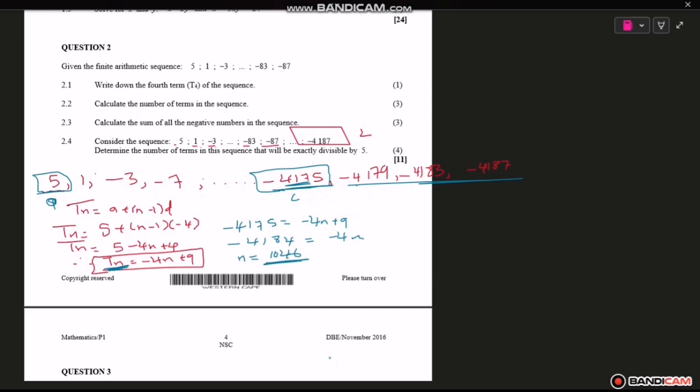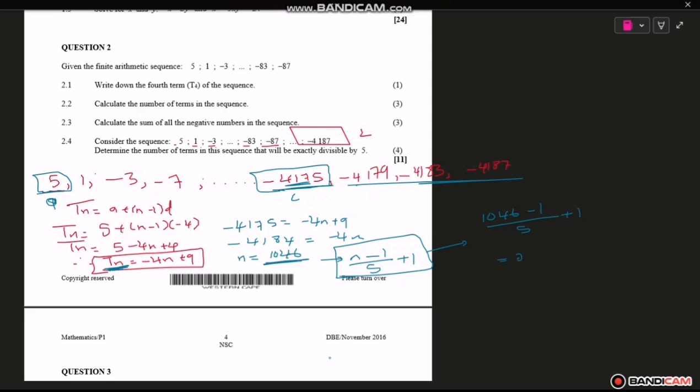But you are not done here. What you're going to do, you're going to say n minus 1 over 5, plus 1. You can actually ask your teacher and he or she will explain this to you. So what is n? It's 1046 minus 1, over 5, plus 1.